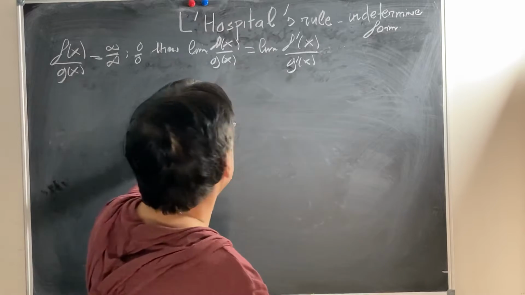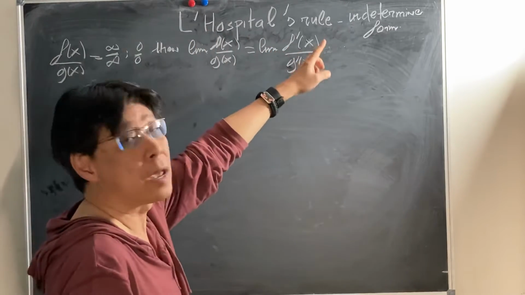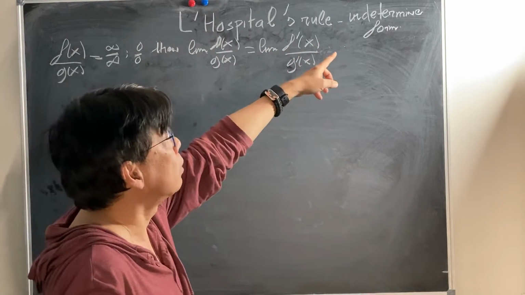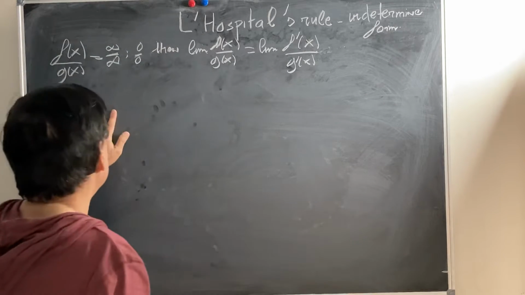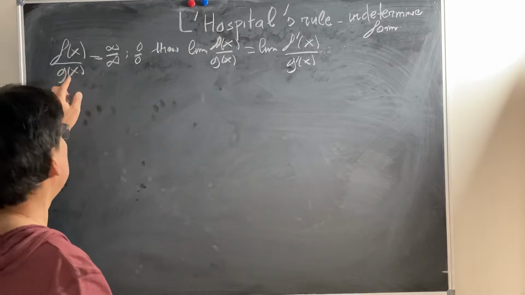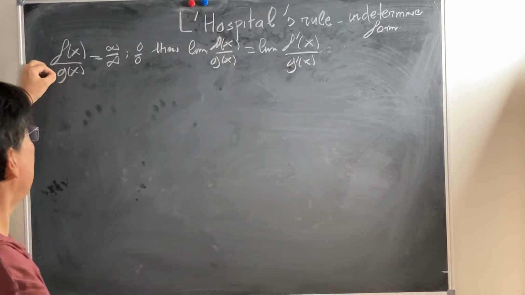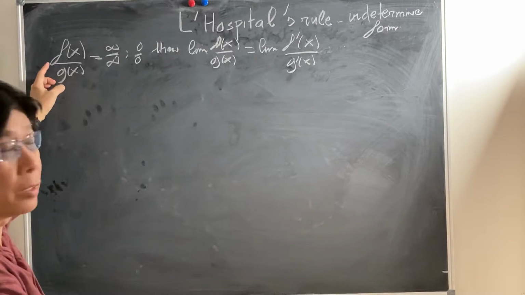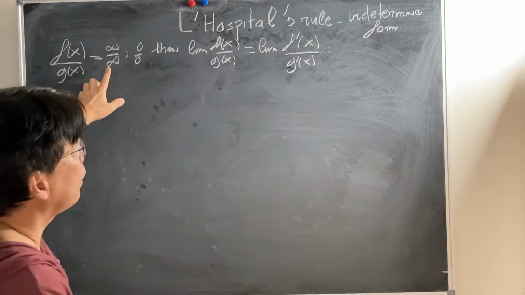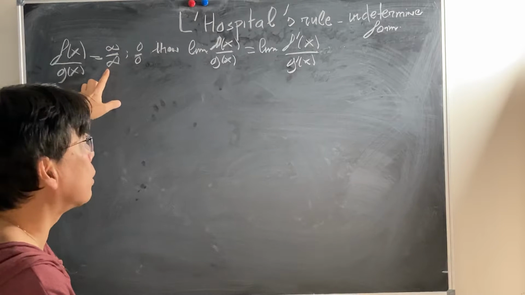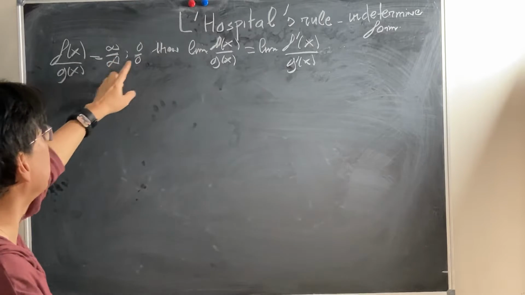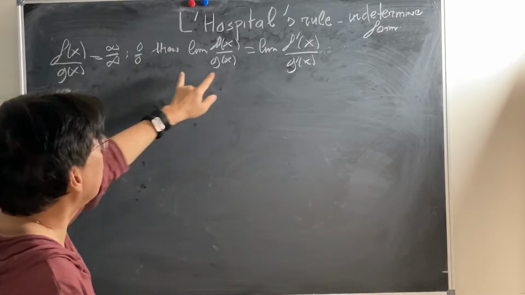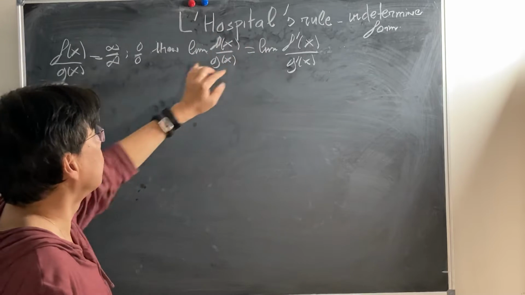Today we will study L'Hopital's rule and indeterminate form. When you take the limit of a quotient like f(x) over g(x), and if f(x) over g(x) has an indeterminate form, infinity over infinity or 0 over 0, then you can apply L'Hopital's rule.